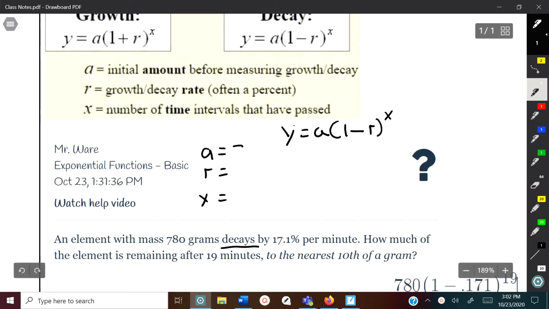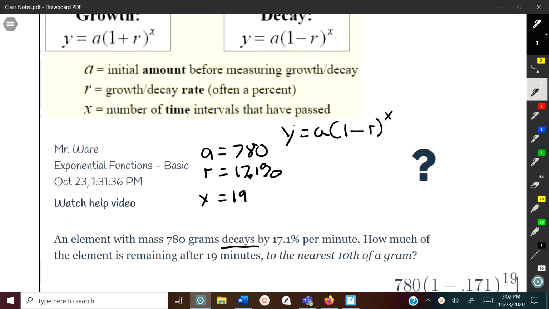So we know you got 780 at a rate of 17.1%, and it does it every 19 minutes. Alright, so we're going to change this over to a decimal. So it's going to be 17.1%, and we're going to move that decimal 2 places to the left. So that's going to make it 0.171.